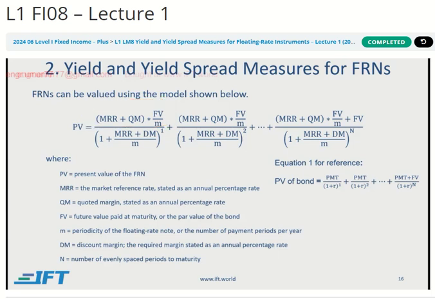Let's take the example of our Apple bond, which was paying us MRR plus 0.1. So let's say the MRR is 1.9%, right? Quoted margin is 0.1%. Now that is obviously 2%, right?